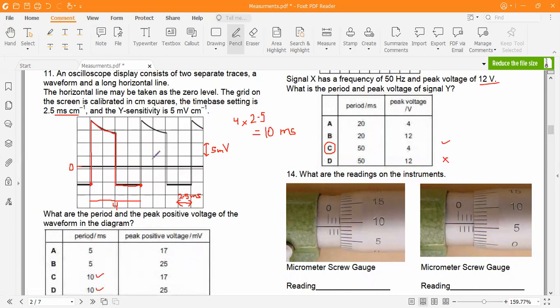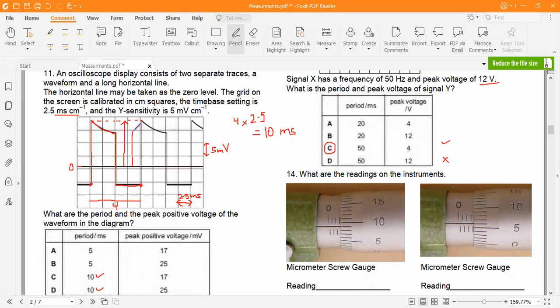Now peak positive voltage. The peak positive voltage is this voltage basically. If this is the zero line, how many blocks are there between this and this? There is 1 block, 2 blocks, almost 3.5 blocks.